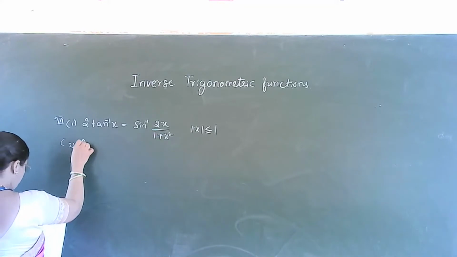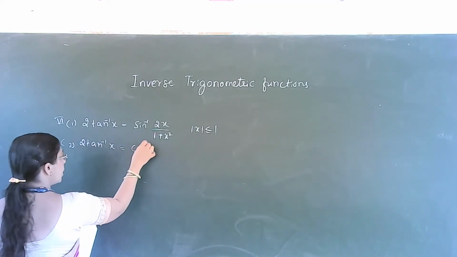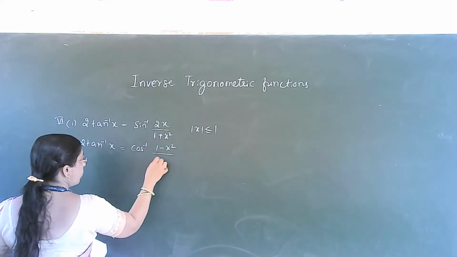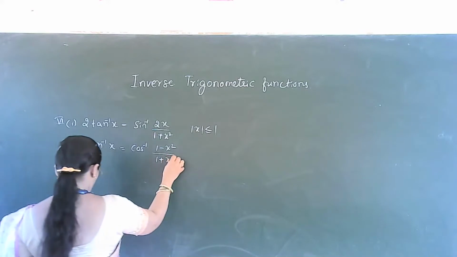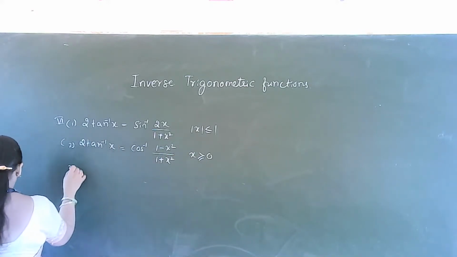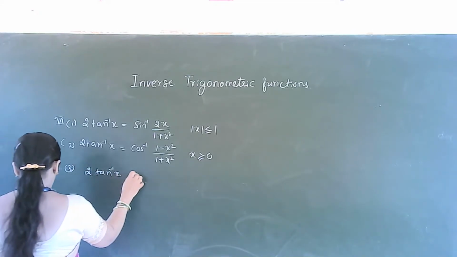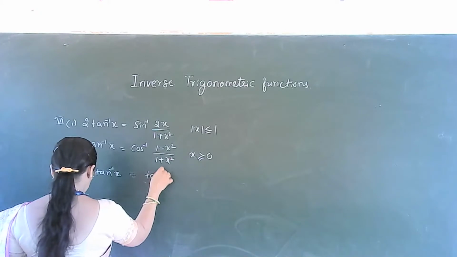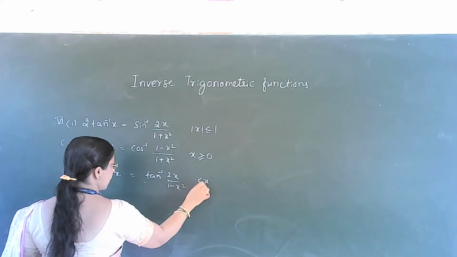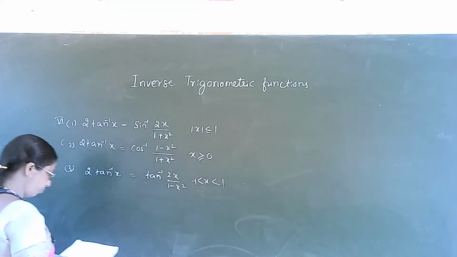The second one: 2 tan inverse x is equal to cos inverse of 1 minus x square divided by 1 plus x square, where x is greater than or equal to 0. The third one: 2 tan inverse x is equal to tan inverse of 2x divided by 1 minus x square, where x is greater than minus 1 and less than 1.